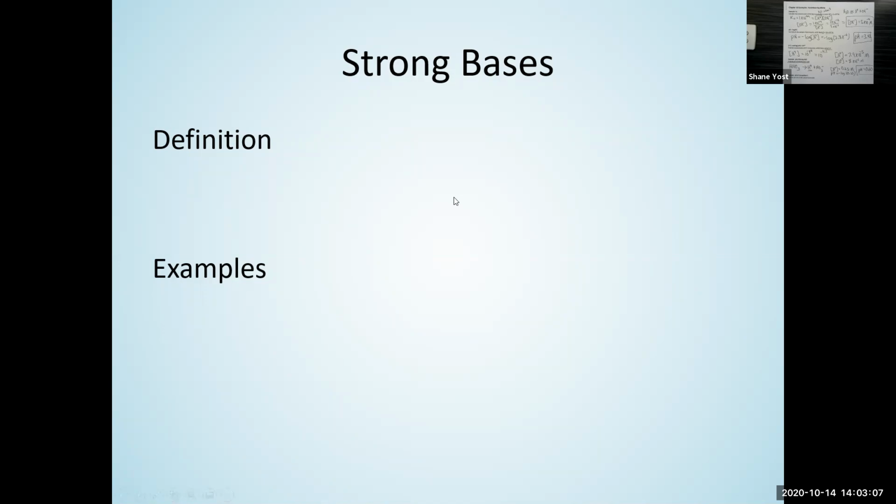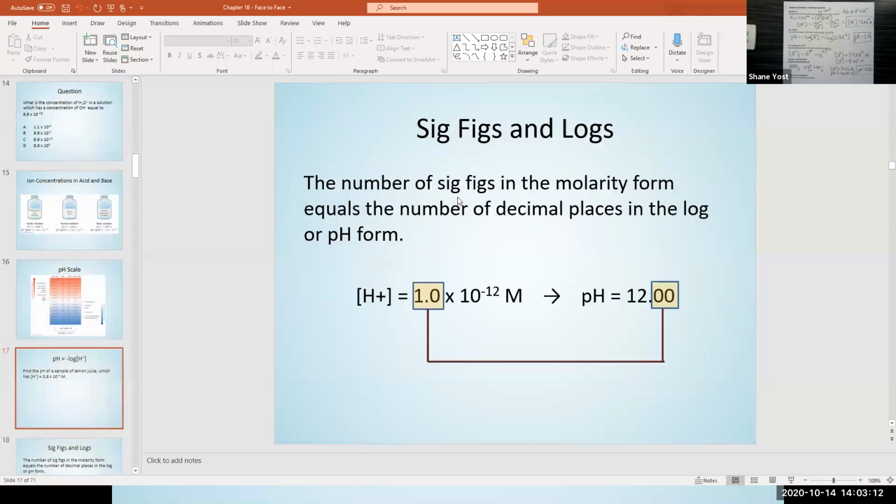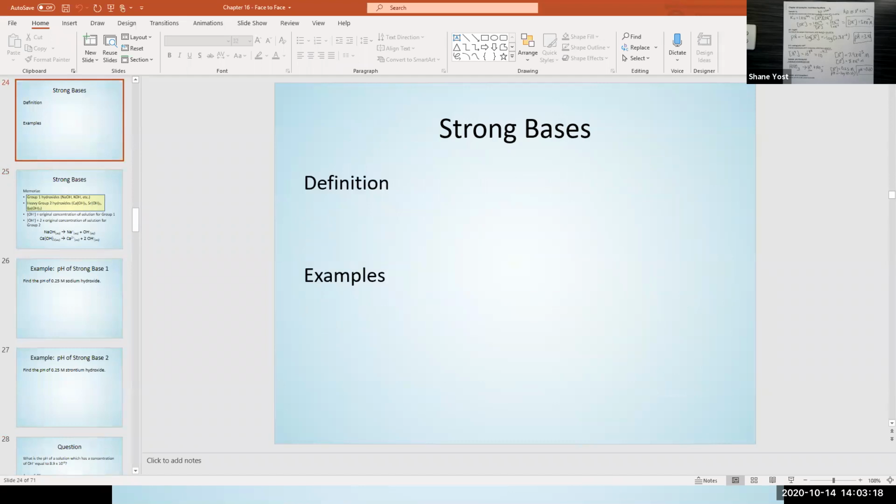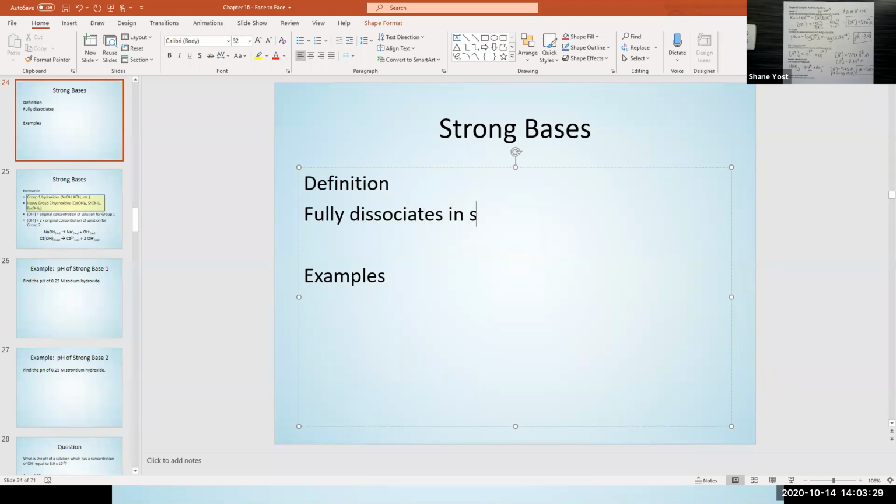A strong base will fully dissociate in solution. For example, NaOH fully breaks apart into Na+ and OH-.